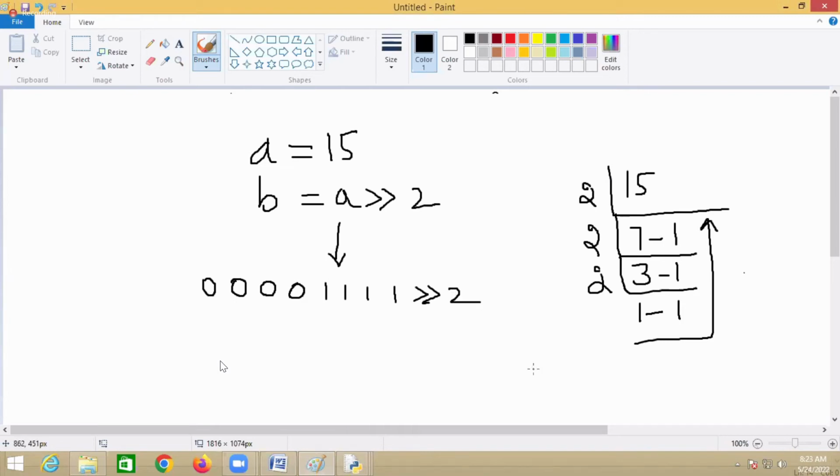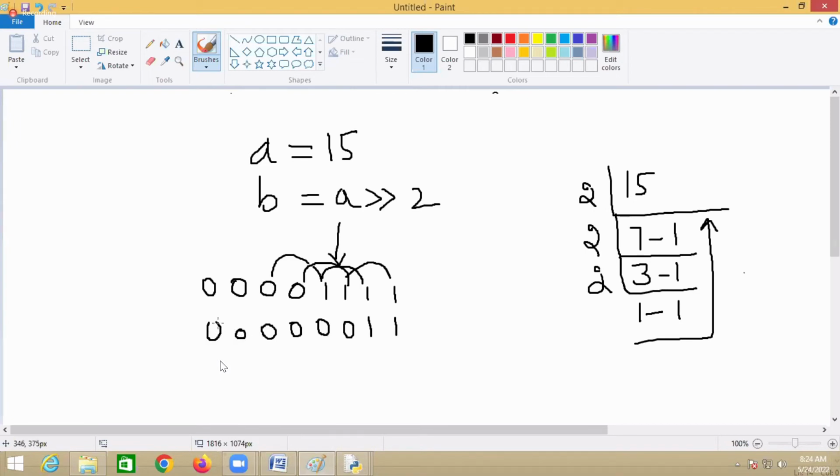Whenever you shift the bits towards the right side, the bits at the left side move towards the right side. This one is moved here, and this one is moved here, and the zeros move in, and the remaining are all zeros.